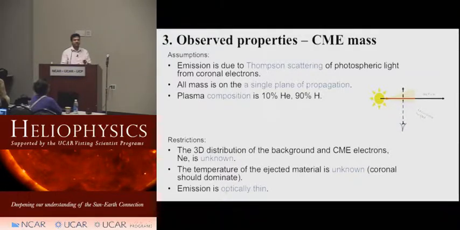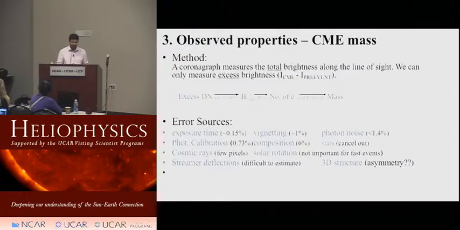You make several assumptions converting the total brightness into a number of total electrons. Then you assume it's all happening on the plane of sky because that's where the maximum amount of scattering is happening, which is predominantly okay, but you get some large assumptions and some large uncertainties.